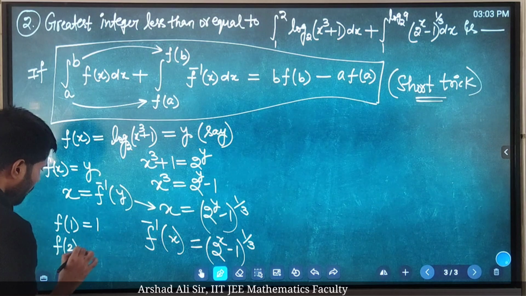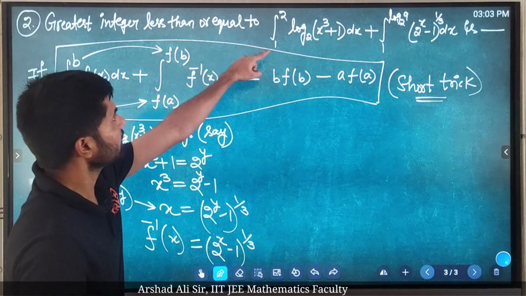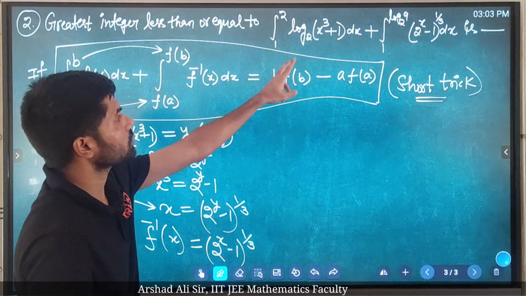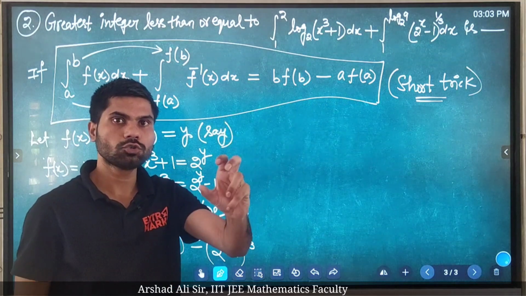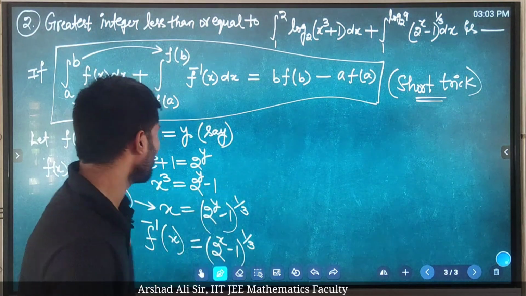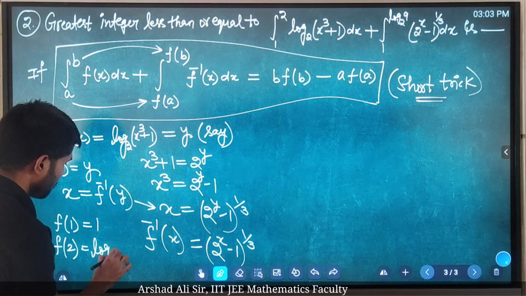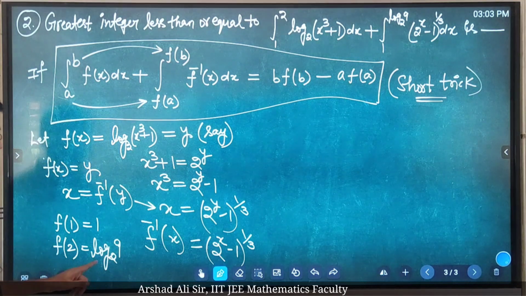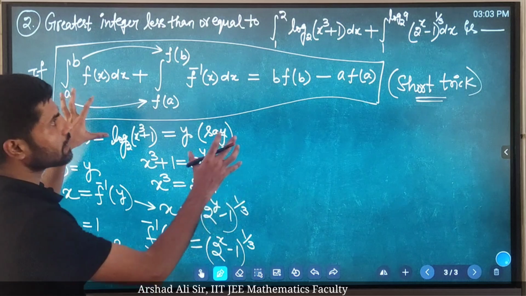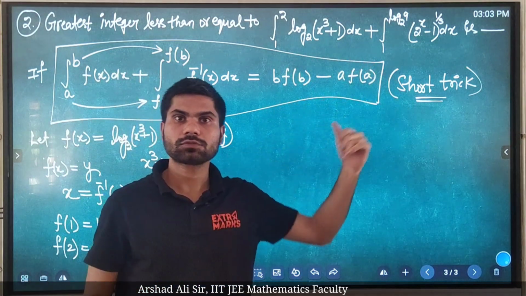For f of 2, the upper limit is 2, so x cube plus 1 is 2 cube, which is 8, plus 1, so 9. So it is log 9 at base 2. Students, we can clearly see we can apply the short trick here.